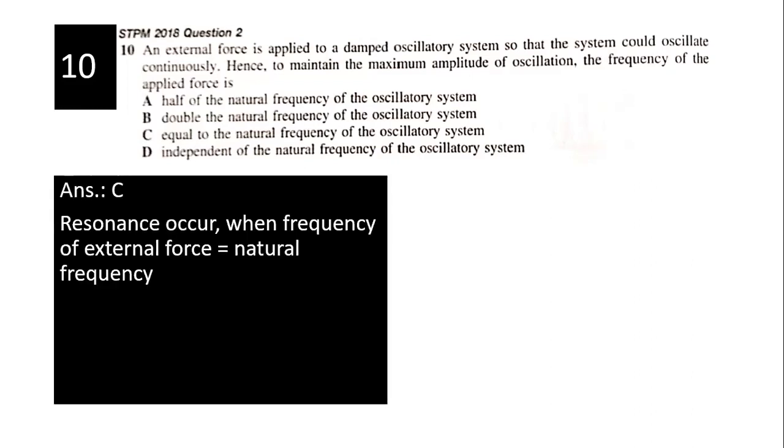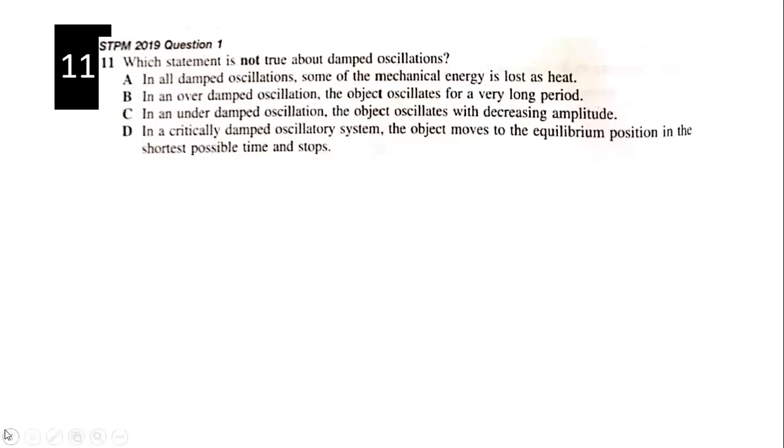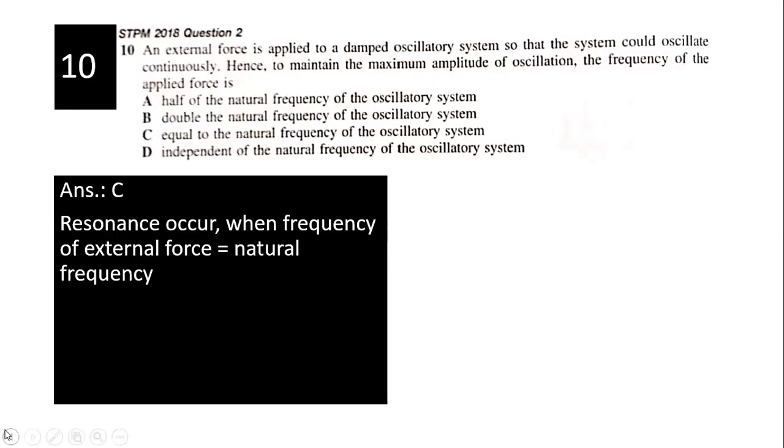Like a brother or sister sitting on a swing, you must have the same frequency as the swing. Then your amplitude will keep on increasing. Resonance occurs when the frequency of the external driving force equals the natural frequency. The answer is C.